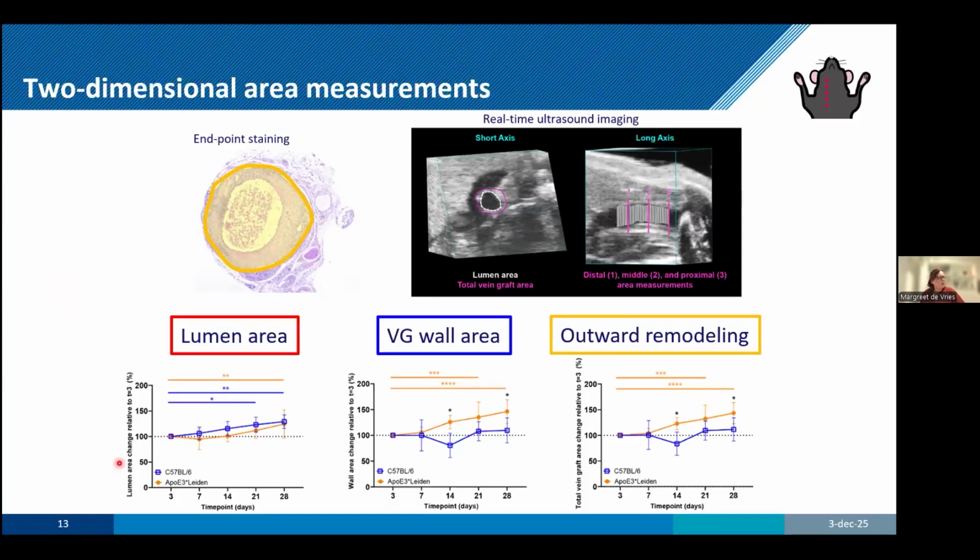In this case, we compared wild-type mice with the ApoE3 Leiden atherosclerosis-prone mice, and you can really see that over time, we see a massive increase in the vein graft wall area.